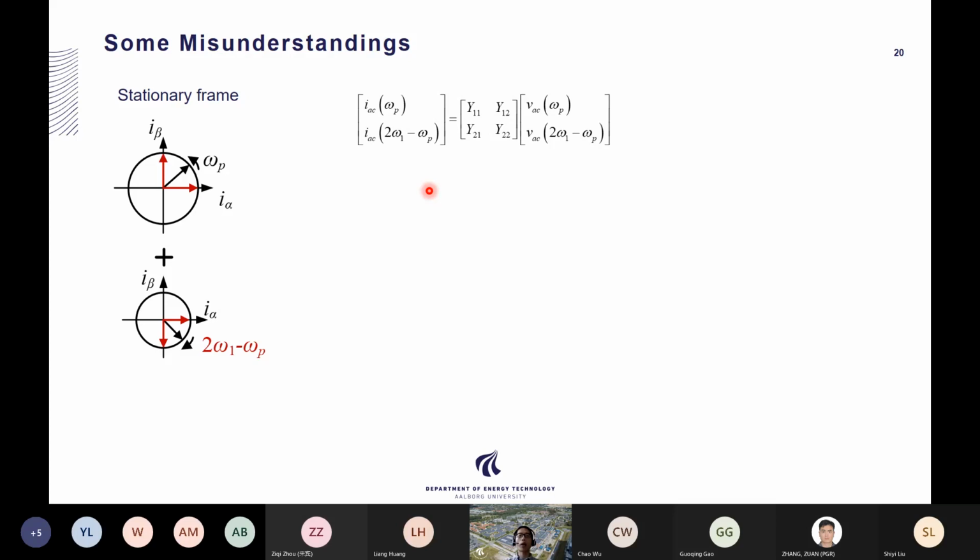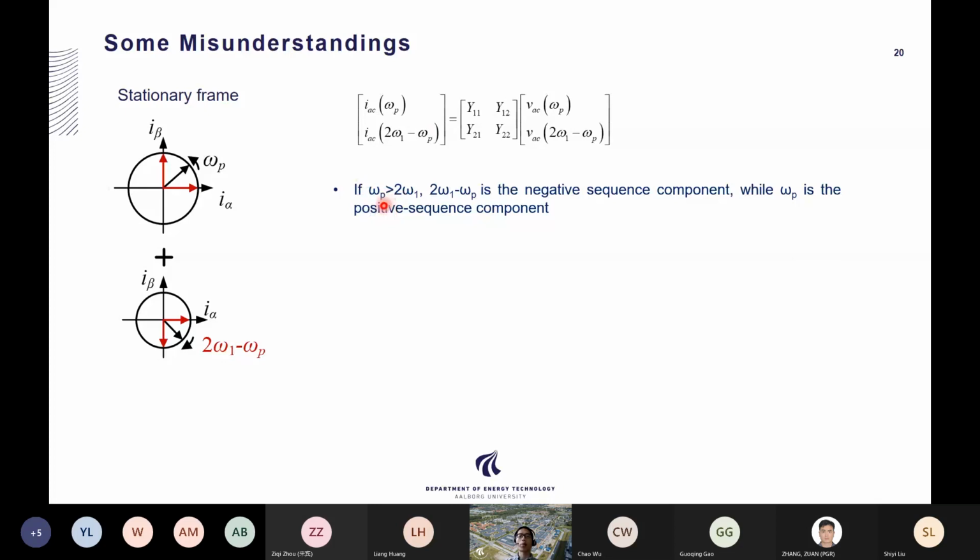And here I would like to highlight some common misunderstandings in this aspect, because you may hear a lot of terminology of positive sequence or negative sequence impedance. I would say that it is not that rigorous, because I just use a very simple example to illustrate this. We know that this perturbation frequency could be any frequency.